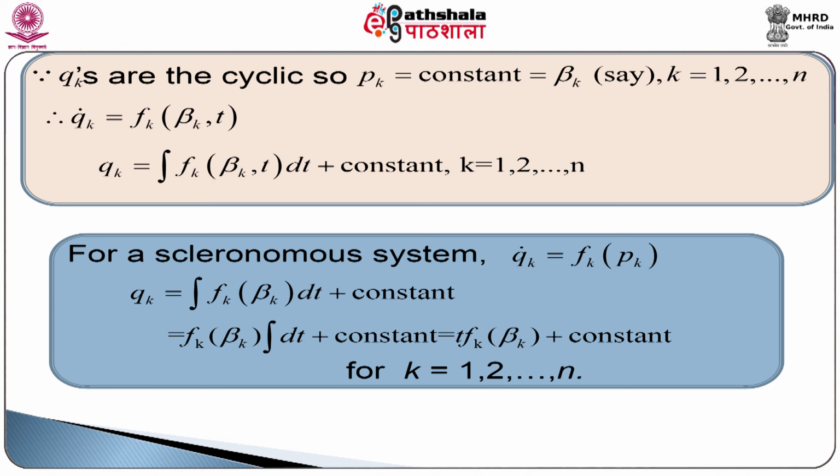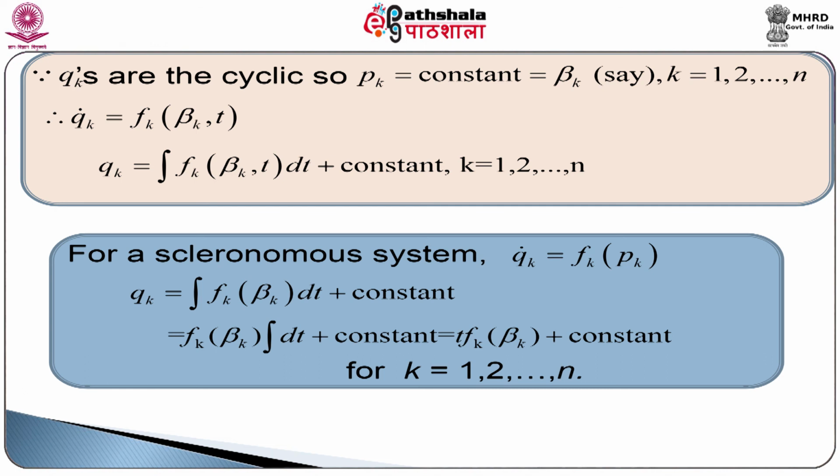This on integration gives qk equal to integration of fk function of beta k and t into dt plus an integrating constant, for k equal to 1, 2 up to n. So the coordinates can be determined by integration.